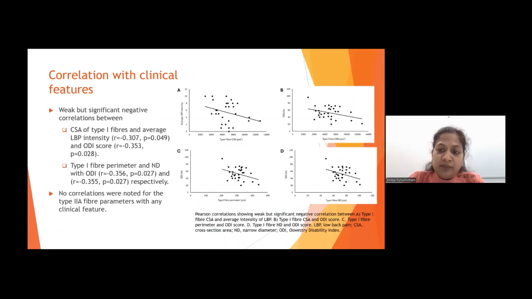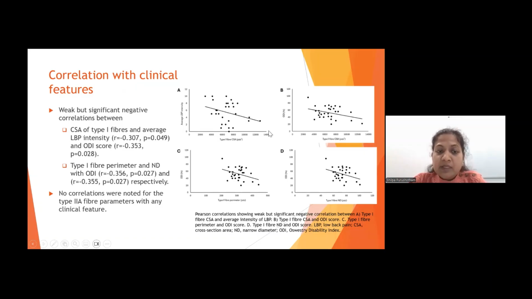Finally, moving on to our second and final objective, which was examining the correlations with clinical features. By clinical features, we mean the pain intensity and the perceived disability score. We found weak but significant negative correlations between the type 1 fiber cross-section area and the pain intensity, both average pain intensity and the ODI index, which is the disability score.